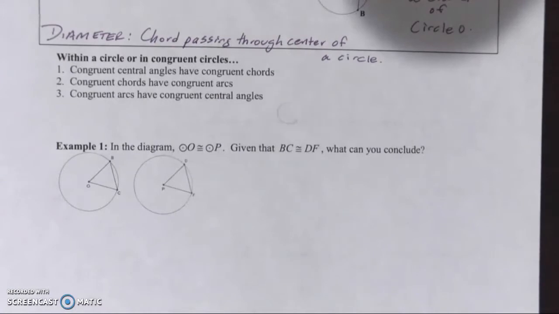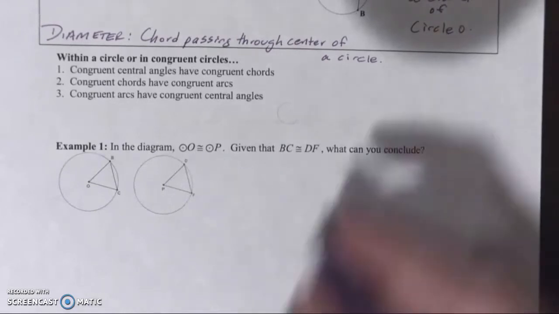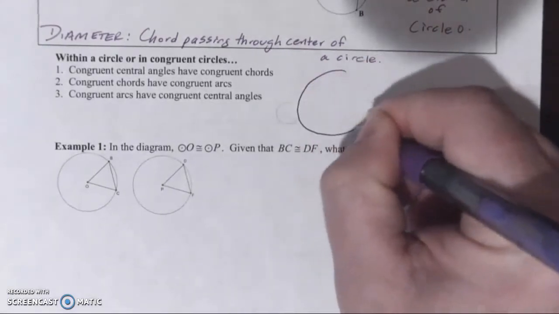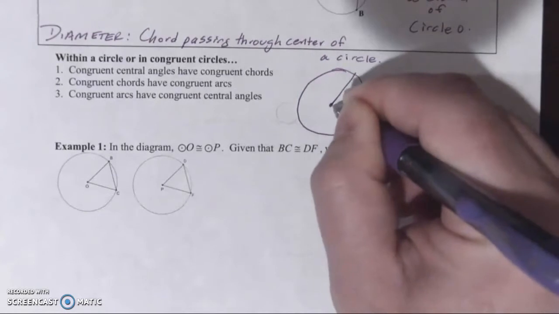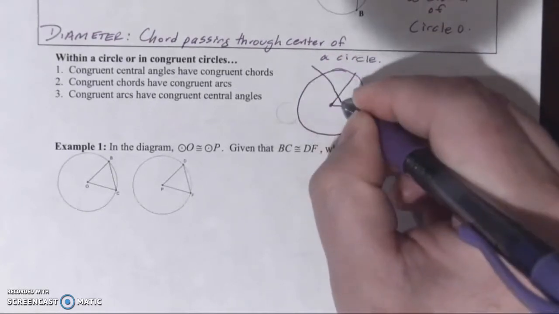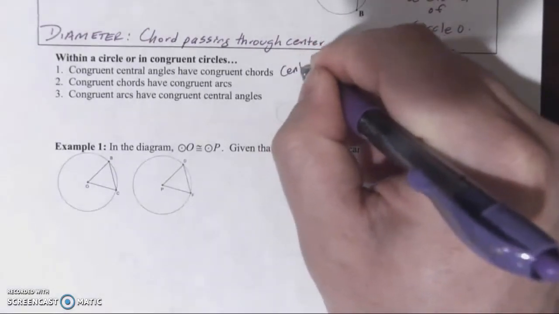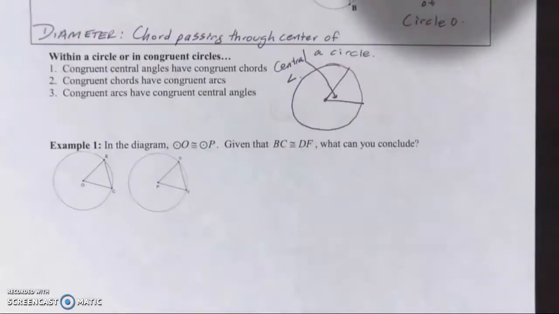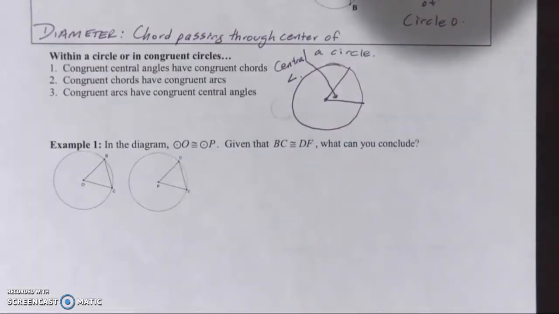Within a circle or congruent circles, congruent central angles have congruent chords. Just a reminder that an angle whose vertex is at the center of a circle is a central angle. Congruent chords have congruent arcs.